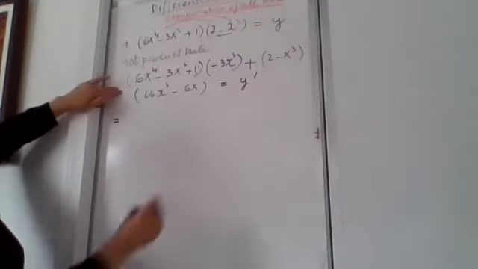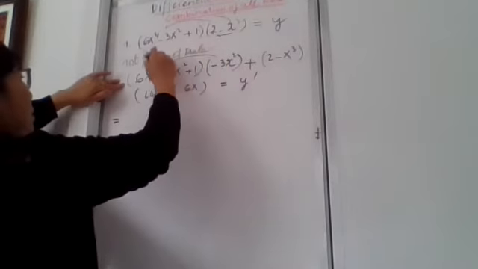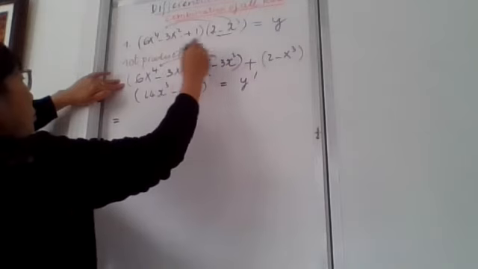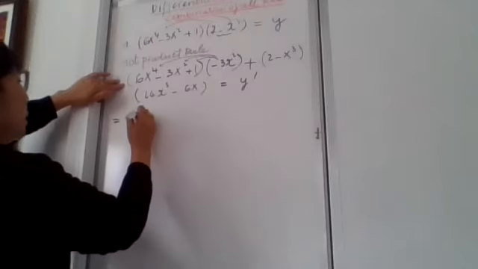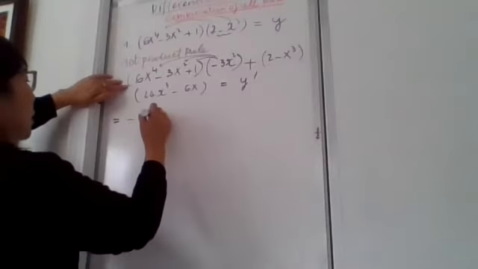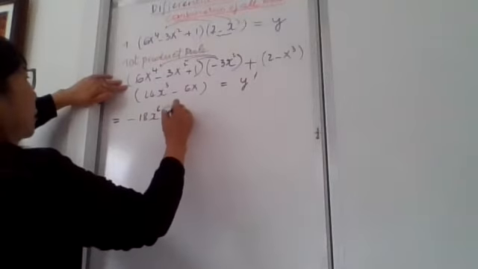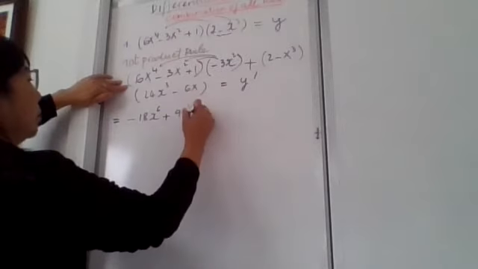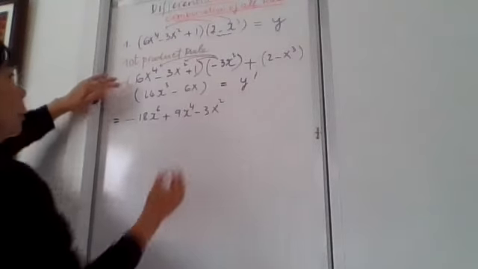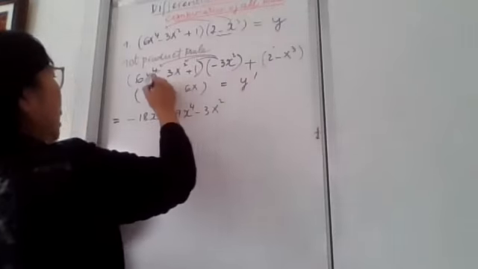So now let's simplify it because it looks very complicated. I'm going to multiply this with this, and this with this, and this with this. Distribution, right? So that would be minus 18x to the power 6, adding 9x to the power 4, and minus 3x squared. Now I'm going to distribute this bracket down here.